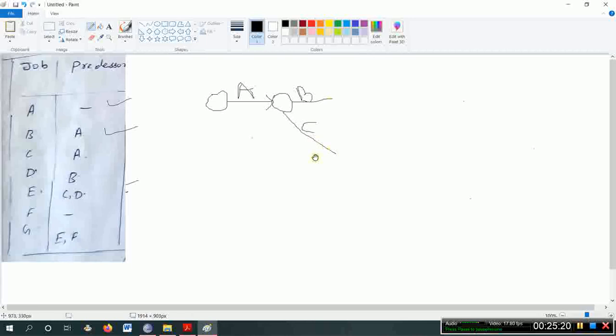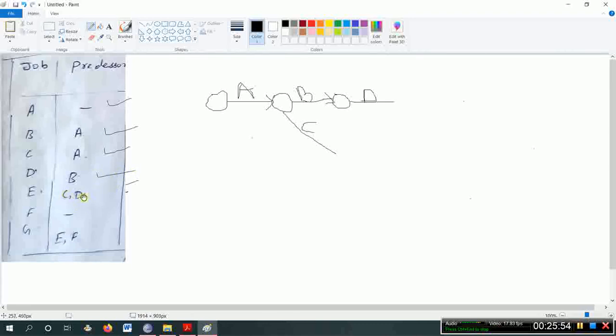Don't end this until the next construction. Okay, next, after completing A, C has to start. This is over. Next, after completing B, D has to start. Now close this, start D, name it as D. Next, this is over.